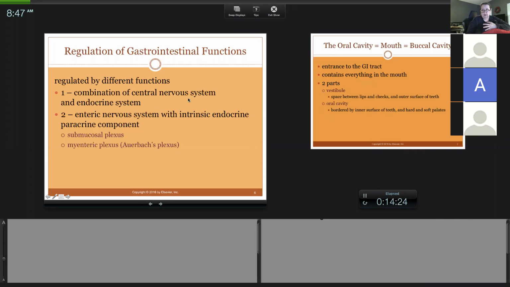So remember, in fight and flight, the heart, the brain, the lungs, the skeletal muscle needs the blood supply. So things that are innervated or controlled for smooth muscle, those functions actually slow down. So in fight and flight, your GI system slows down.